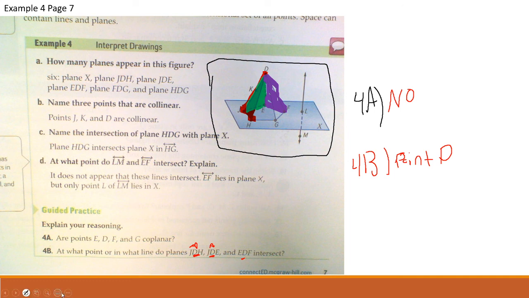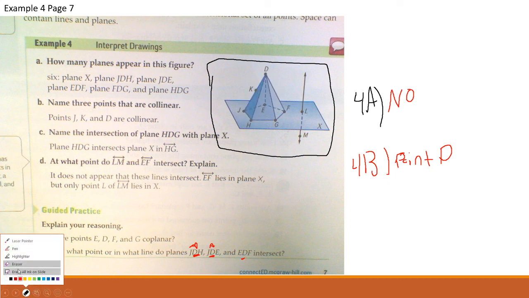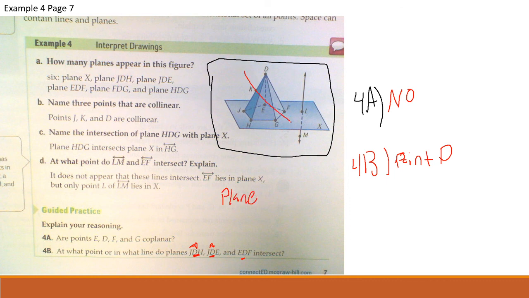So for example, as a side note, if I said, give me the figure where plane, let me here. So I say we have plane. Whoops, lost my mouse there. Plane. This is not concerning this figure here, so ignore this for a second. If I said we have plane E, D, F, and we have plane E, J, F, and I said find out where they intersect.